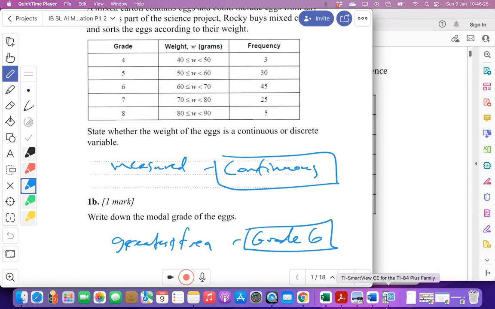Because this is a continuous variable, we're going to be putting in the midpoints of each of these grades. So the midpoint is 45 for the first one, 55 for the second one, 65, etc. Then I put in the frequencies in list 2, and then I'm going to use one variable statistics to do my calculation.